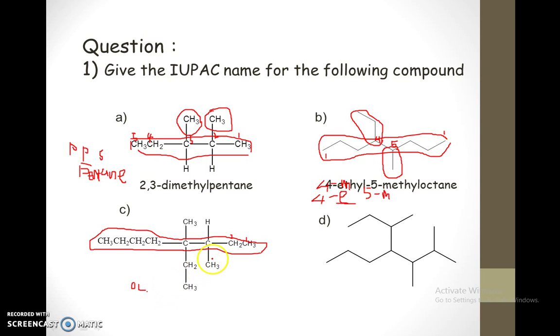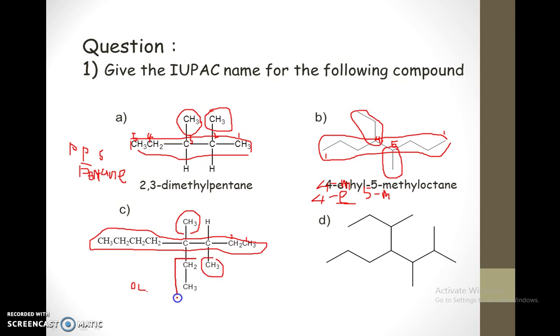Okay, and then find the substituent. So you have methyl at carbon number 2, another methyl at carbon number 3, and another methyl at carbon number 4.